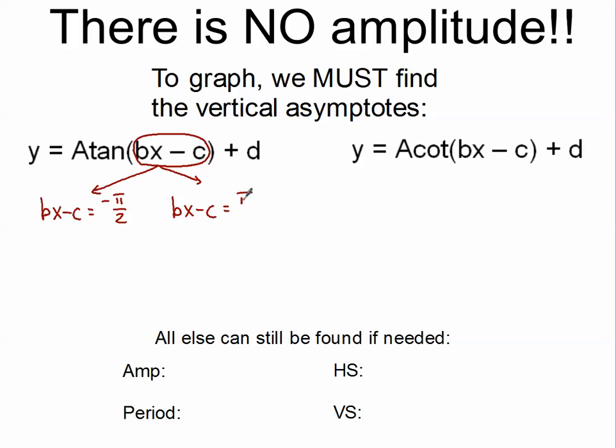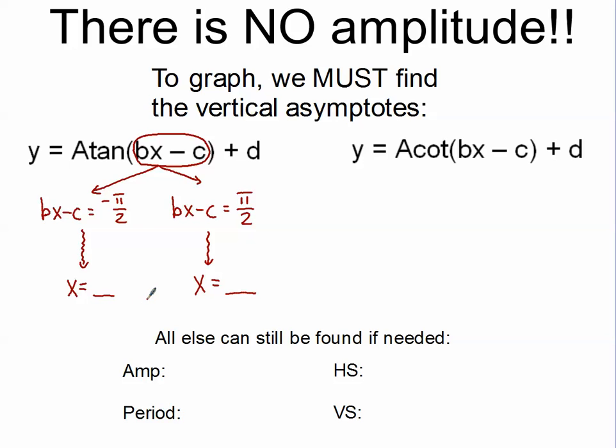We choose positive and negative pi over 2 because these are the original asymptotes for the tangent graph. We're going to solve this equation for x, and we're going to get the new vertical asymptotes, whatever the equations solved for x will be. And then I'll show you what to do then. So we're going to set bx minus c equal to these two original asymptotes, solve the equation, and we'll find the new vertical asymptotes. And then I'll tell you what to do.